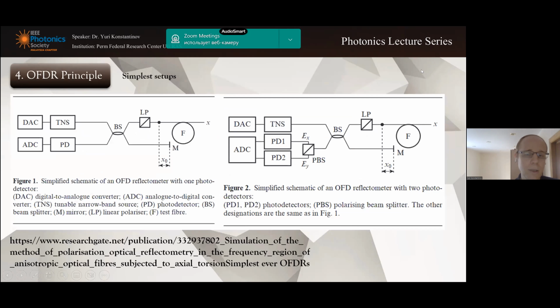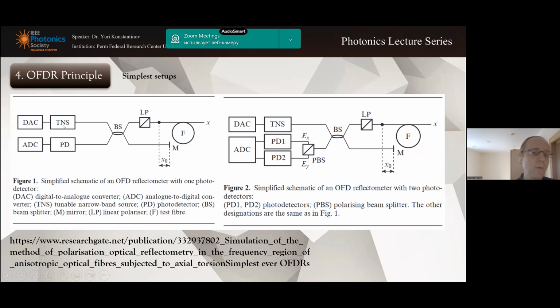And here we have two different, to be honest, simple setups that are the same but with some variations. You can see the Michelson interferometer, a digital-to-analog converter, a signal generator, and a tunable narrowband source.